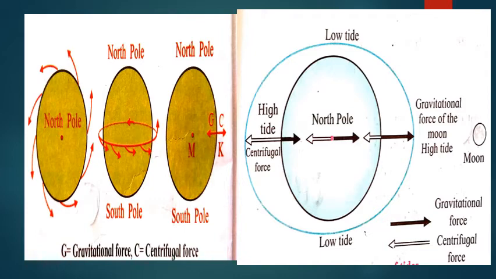See, they have given you only one pole, the north pole. Both sides of the pole are experiencing the high tides. This experiment we will be seeing again in the next slide. Same thing, I will be giving you that experiment. So this is the easiest way to understand.